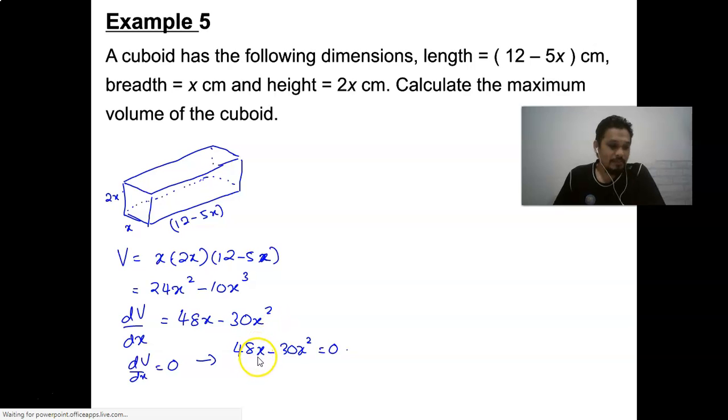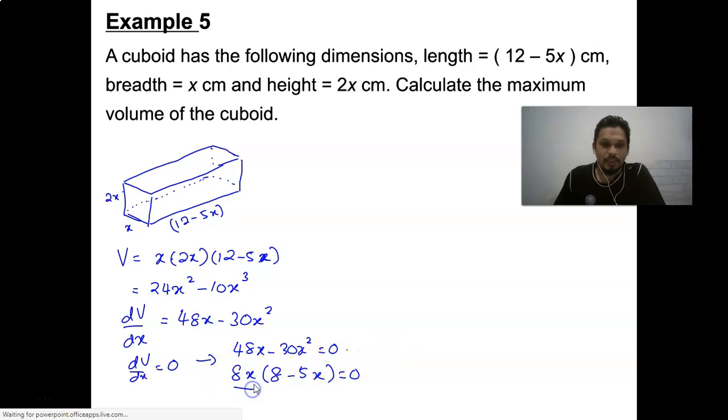Okay, so factorize this. Let's say we divide by 6. 6 times 8 equals 48, so we have 6x times (8 minus 5x), equal to 0.